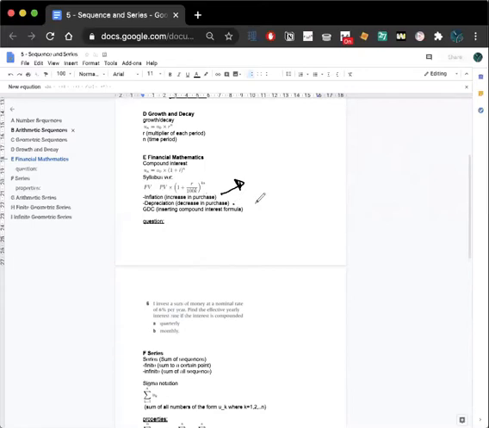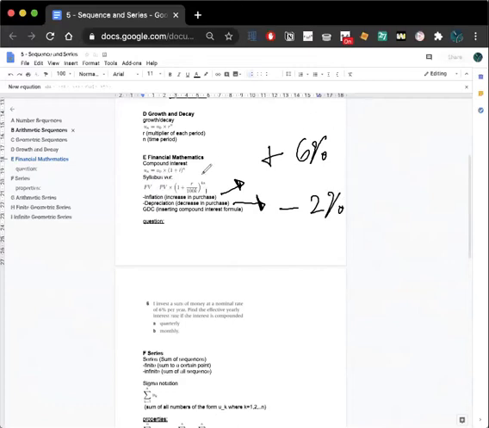And okay, so inflation and depreciation, they're pretty similar. The difference is just inflation is adding up stuff, but then depreciation is decreasing stuff.